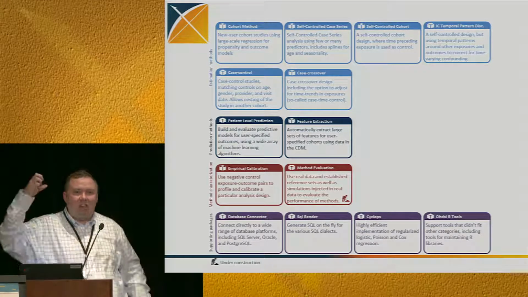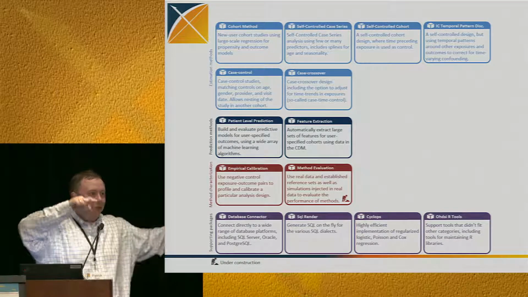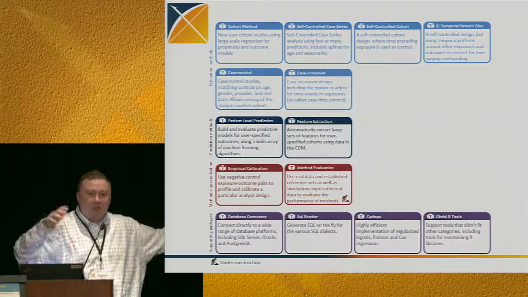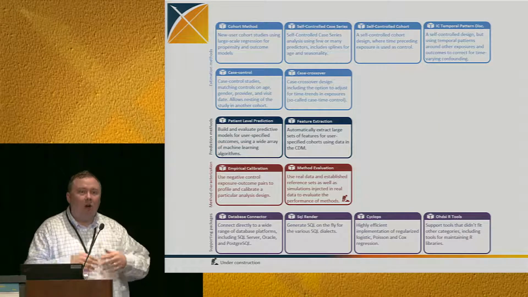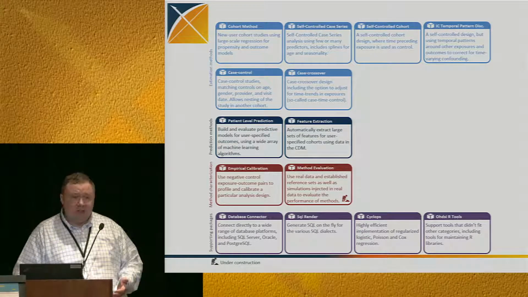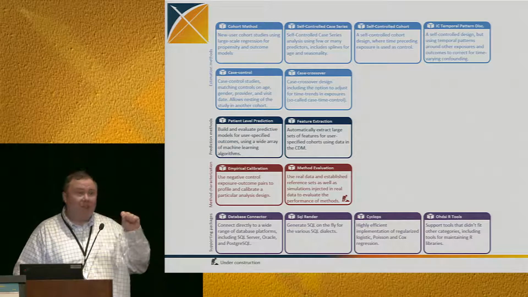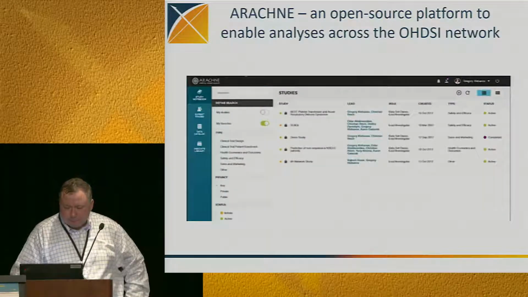How do you take an SQL statement that's written for one environment and translate it to work with the different peculiarity languages across the different things? We had to write a package for that. We've written statistical packages in R for conducting these large-scale analyses. All of these are available on the OHDSI GitHub repository. You're basically going to be the beneficiaries of them through the Atlas user interface.